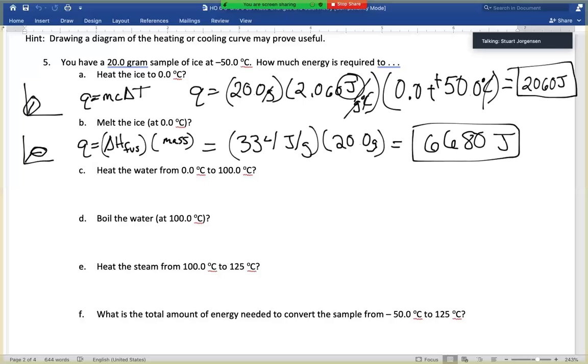Keep in mind that we are melting. As we are melting, we should have positive Q values because we're putting heat energy into the system. The good news is your delta T will take care of this for you. If you have a final minus initial that comes out to be negative, then your whole Q comes out to be negative. The only time you've got to be watching out for that is if you are melting or freezing.